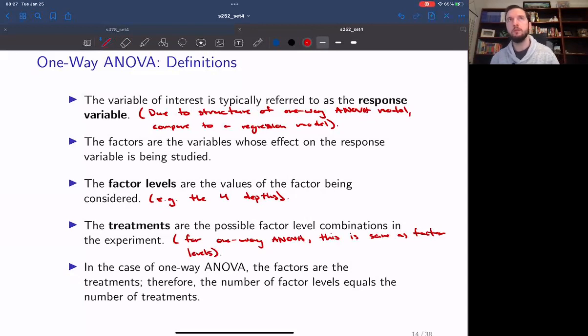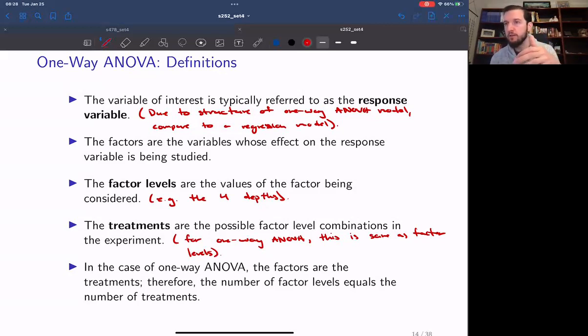Okay, so we have a number of different terms that all define the exact same thing. That's one of the key takeaways from this slide. The variable of interest is often called a response variable. So variable of interest, response variable, these are usually the same thing. The factor levels or the factors, again, is the same thing. Typically, we refer to the factor as the general variable that's going to split the data into different groups. So in the case of the minke whale illustration, the factor is the depth.